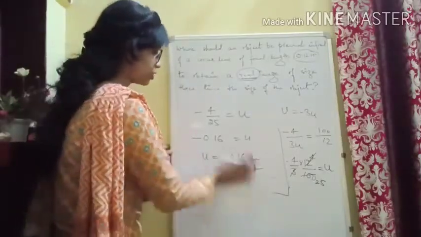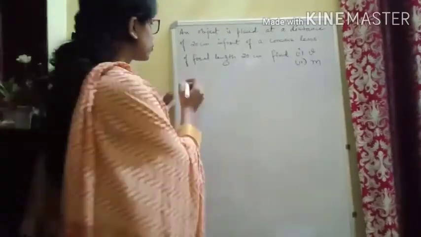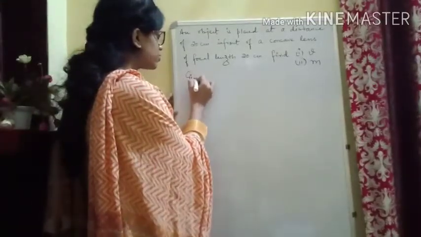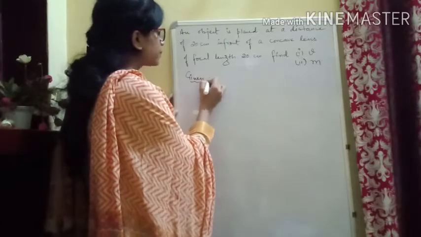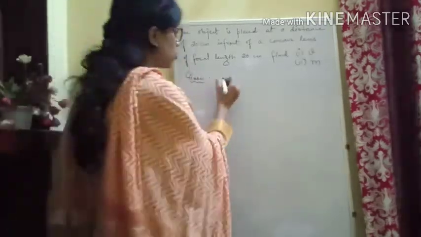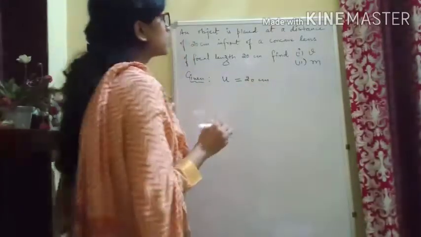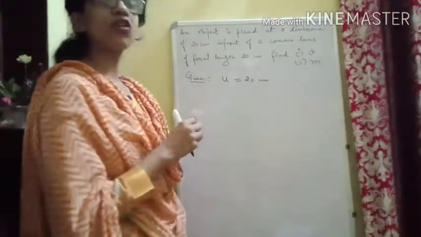Now let us see another question. Next question. An object is placed at a distance. Whenever we start, we write whatever is given. An object is placed at a distance of 20 centimeter in front of a concave lens.